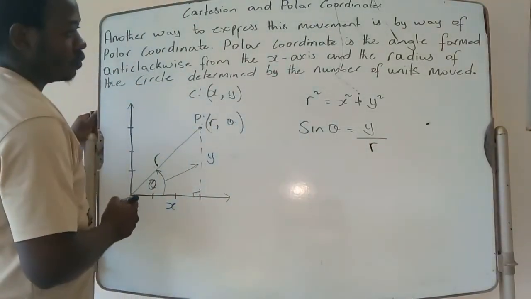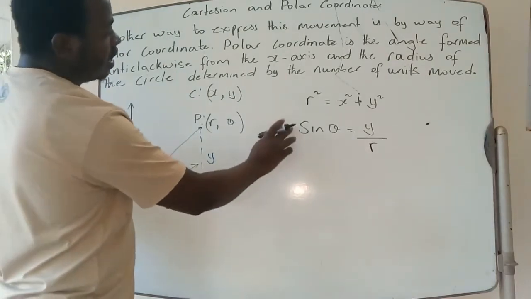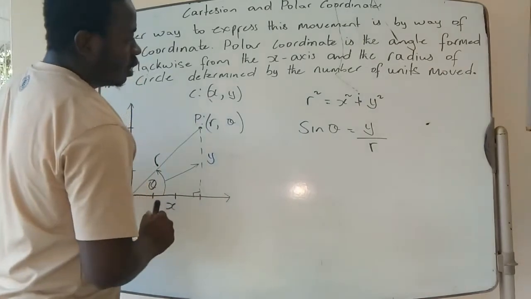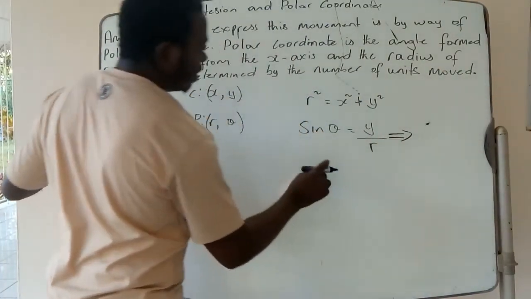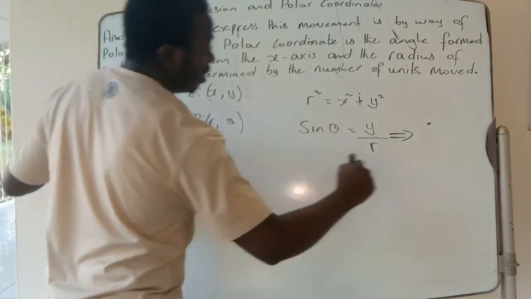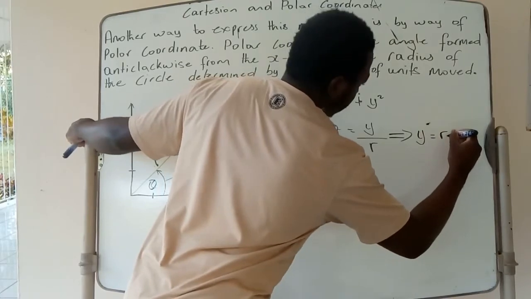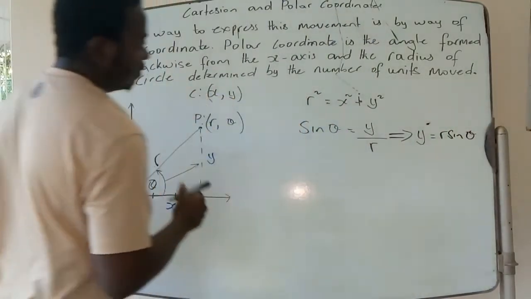Right? So that's another relationship that we could discover. So sine of theta is equal to y over r. But what does this imply? This also implies that if I multiply both sides by r, that y here is equal to r sine of theta, which is the angle.